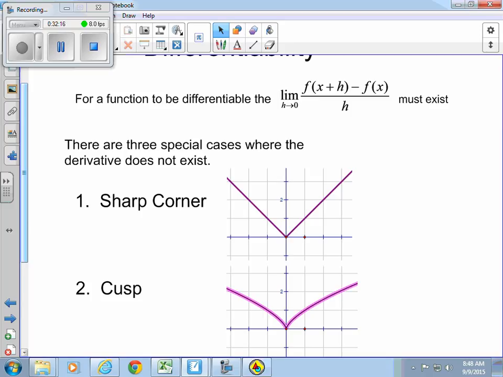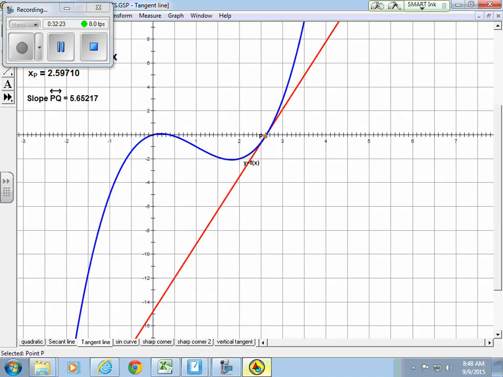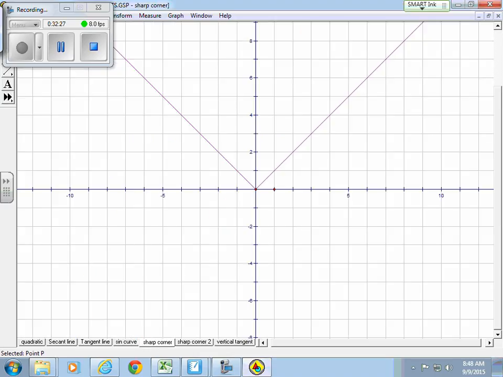Okay, I'm going to pull up a visual. If I look at this graph, if I were to draw a tangent line on it, what would the slope of the tangent line be coming from this side? -1, right? What would the slope be coming from this side? +1, right?